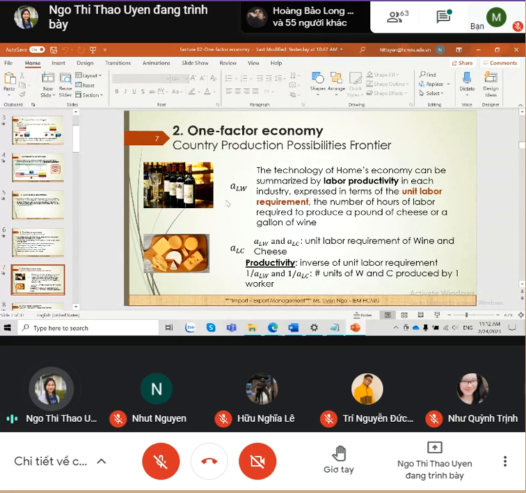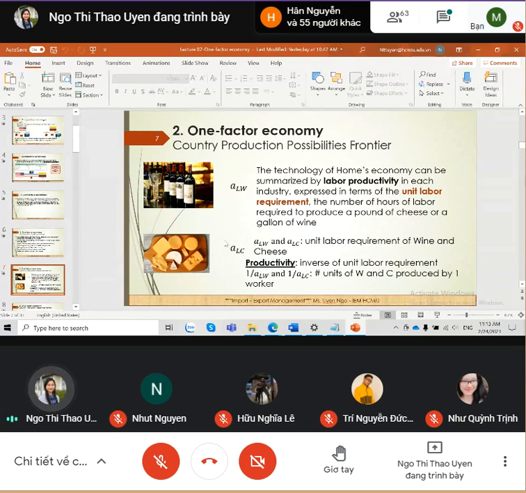If ALC is 1, it means that it takes 1 hour of labor to produce 1 pound of cheese.